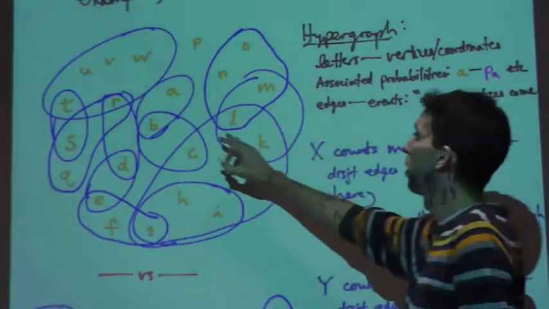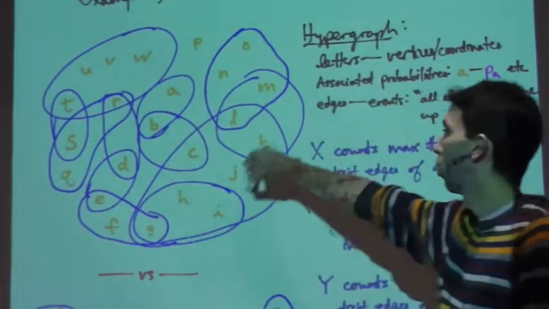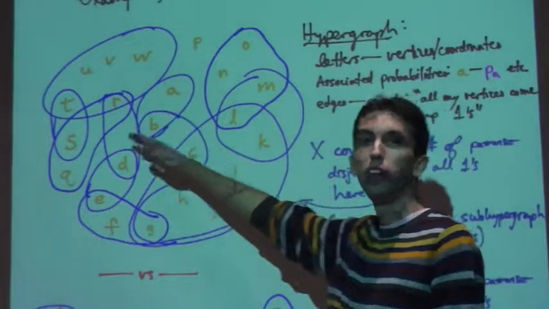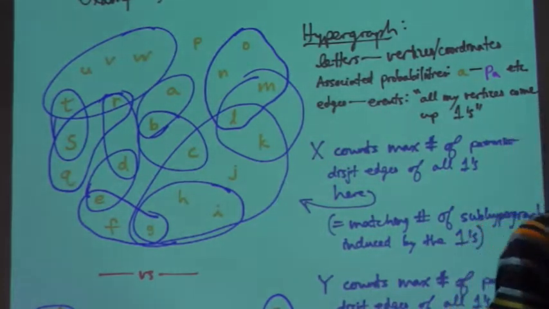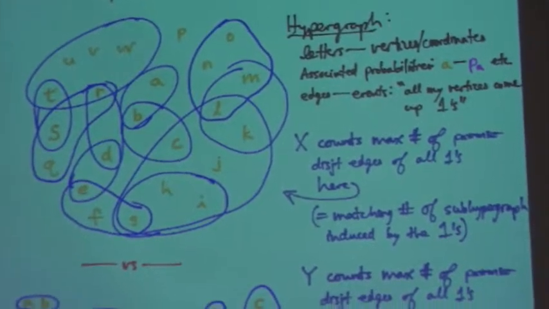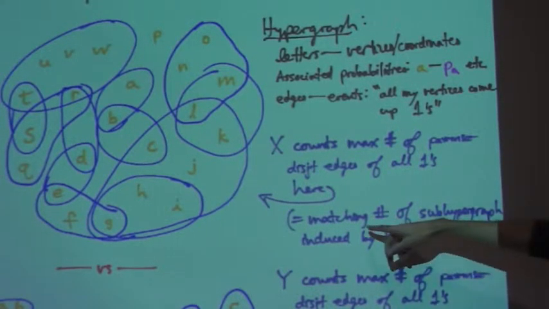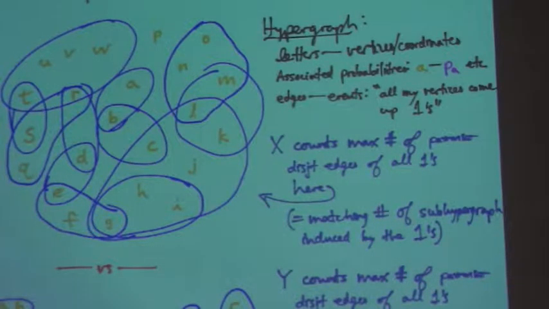So then what is X? X is the thing that counts the maximum number of pairwise disjoint edges that we can find, if we promise that we're only going to use edges that are all 1s after we flip the coins. Or to be technical, it's the matching number in the sub-hypergraph induced by the coins that came up 1.